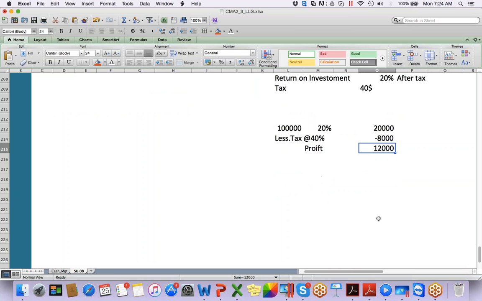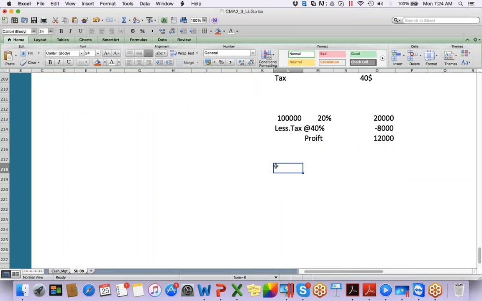All right. So, see, if you have a before tax profit of 100, you will be paying a tax of 40, and after tax profit will be 60. Are you getting me?